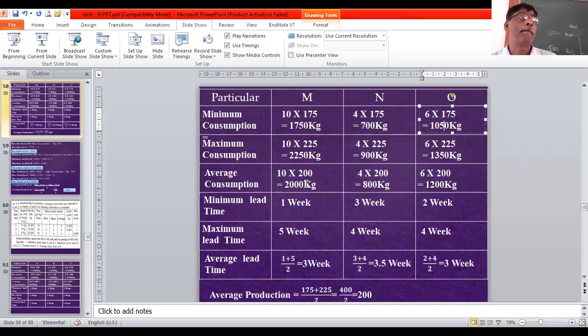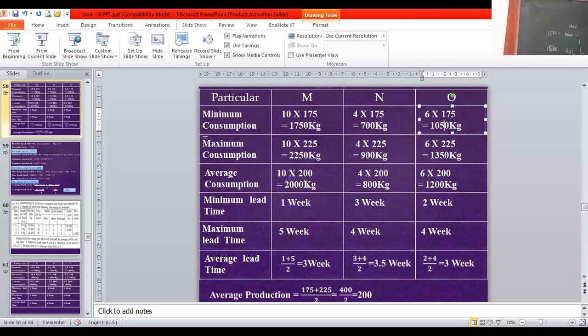Then average stock level. First we have to calculate the average production, then multiply by the required amount. Minimum production is 175, maximum production is 225. Total is 400, divided by 2, that is 200.